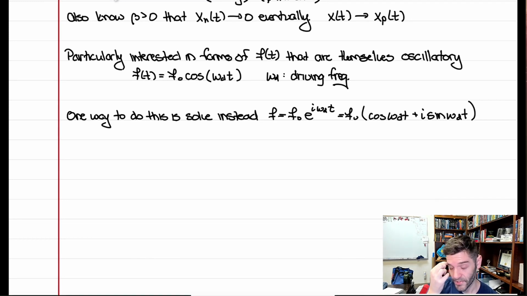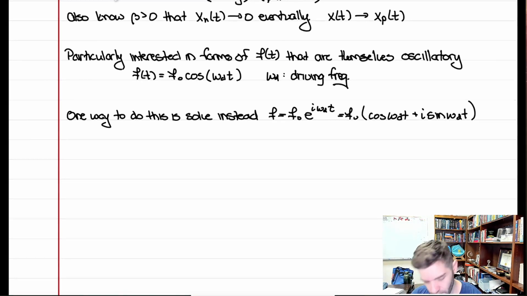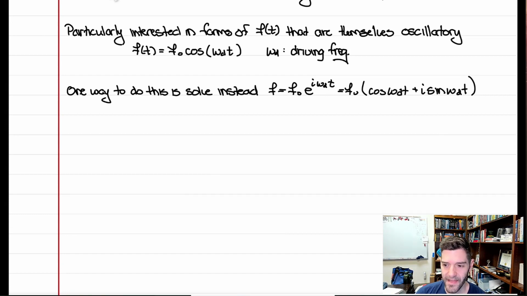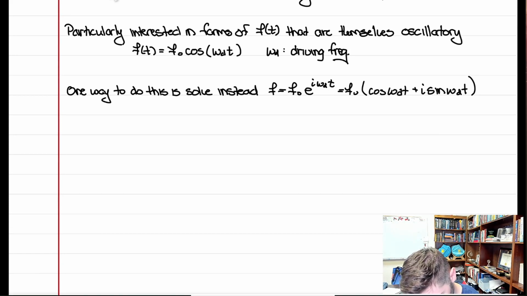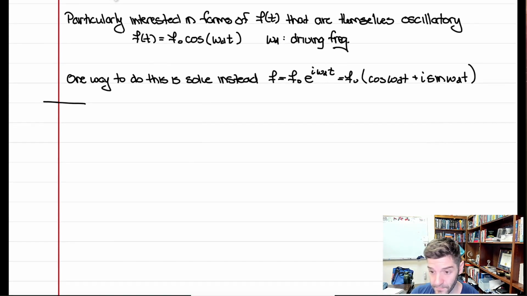So often a general approach is to solve it with complex exponentials and then look at the real part or the imaginary part, and those will give you two particular solutions for two real cases where the driving force was either a sine or a cosine. We're going to do something like that, but a little bit backwards, which I find a little easier to follow.